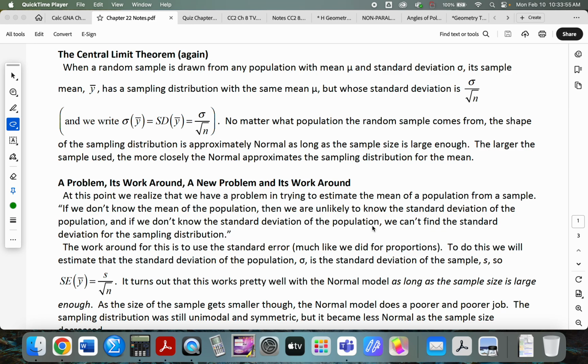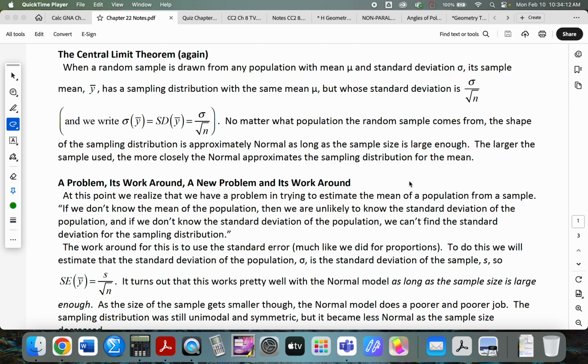We write sigma of y bar, or standard deviation of y bar, is equal to the standard deviation of the population over the square root of n, which is the size of our sample. We've done that before. That's not anything really new.